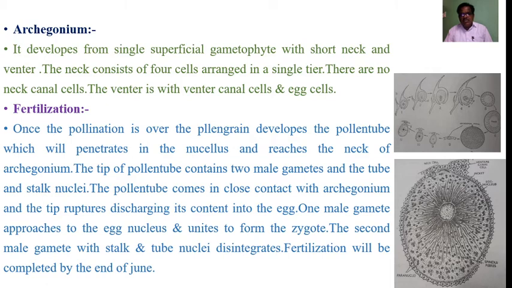Generally the fertilization in Pinus takes place at the end of the month of June, when the environmental condition is suitable and there is humidity and moisture in the environment. At that period the fertilization takes place, and the end point of this fertilization is the formation of the seed.